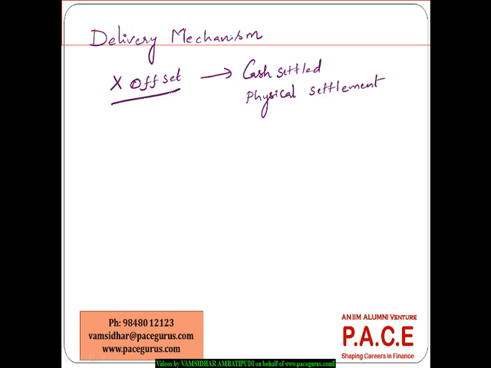Any position which is not offset should be either cash settled based on the settlement price, or physically settled based on the delivery. For 90% of futures trades, they are offset before the maturity date itself. But any of them which are not offset go for either physical settlement or a cash settlement.